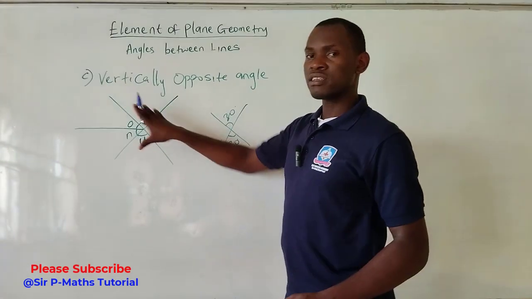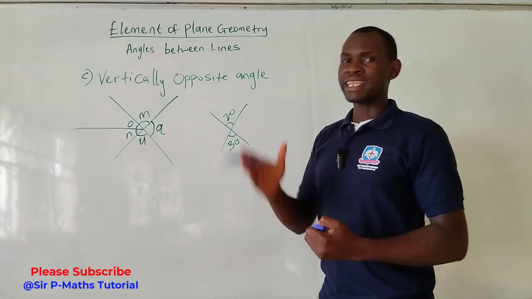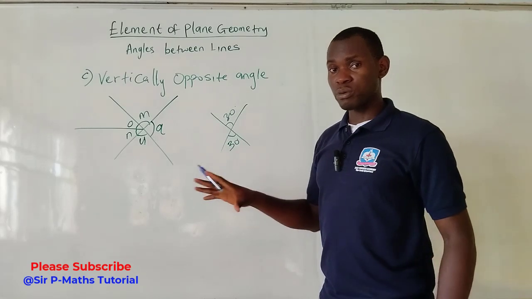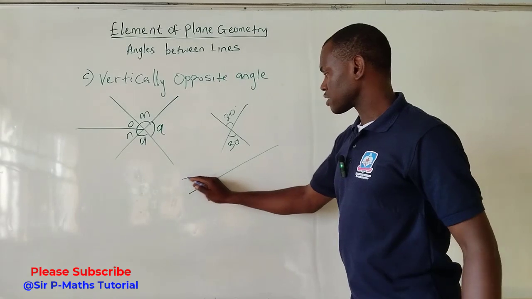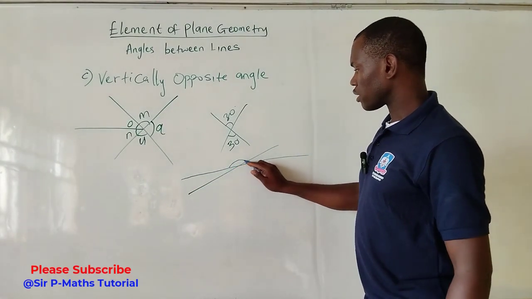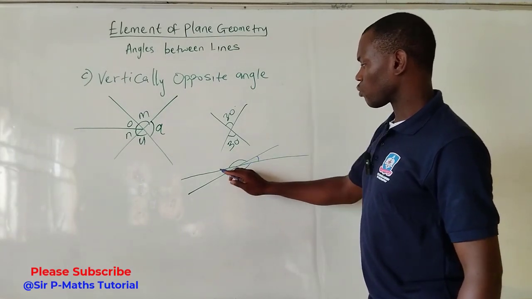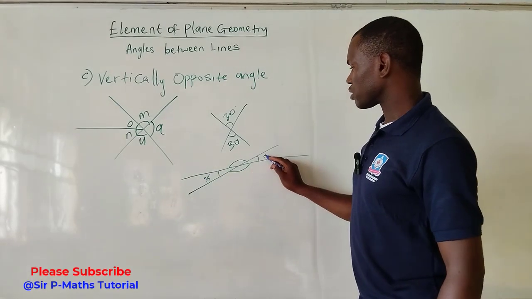So for every transversal line, for every two straight lines that meet at a point, there are always vertically opposite angles produced. If I have this line and this line passing through this line like this, this angle here is equal to the angle formed here. The angle here is equal to the angle formed here. So if here is 35, here will be 35.